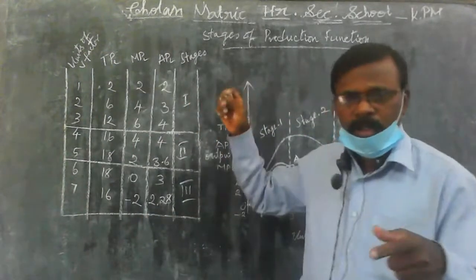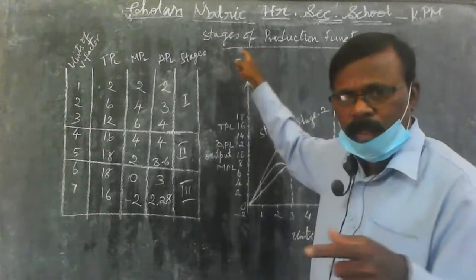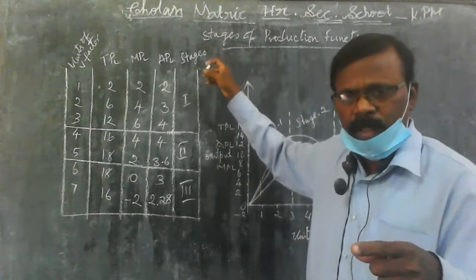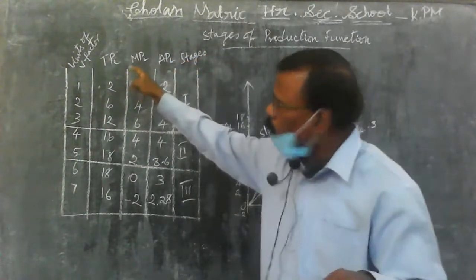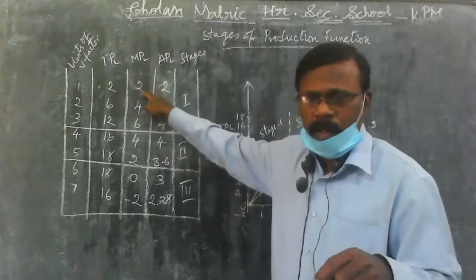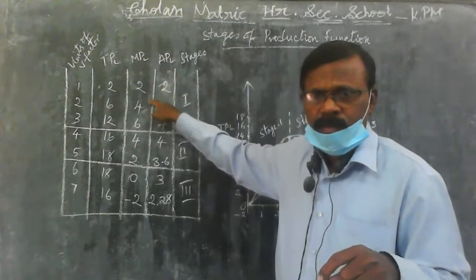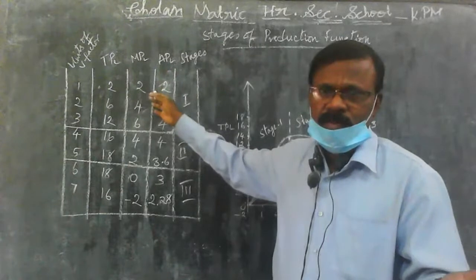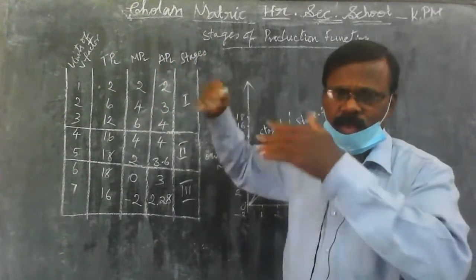Based on this, we have the three stages of production. Before that, you must understand what total product, marginal product, and average product are. Without understanding this, it will be very difficult to understand the stages of production.